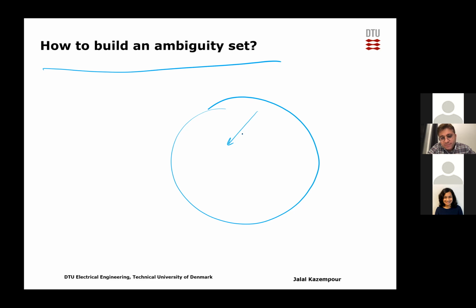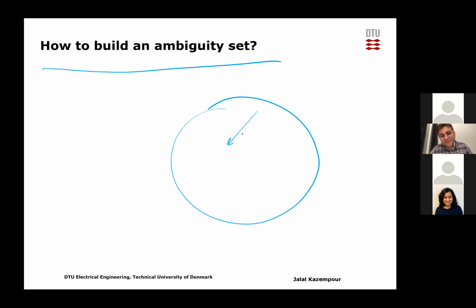Aquila says from available data. I agree. DRO is a data-driven technique because we build the ambiguity set based on historical data. But how are we building it technically?